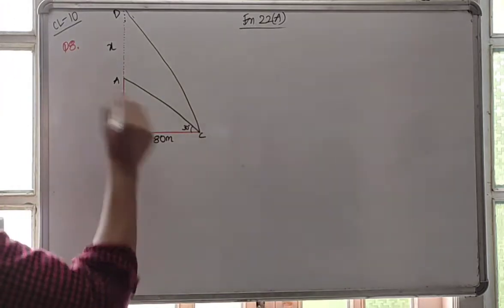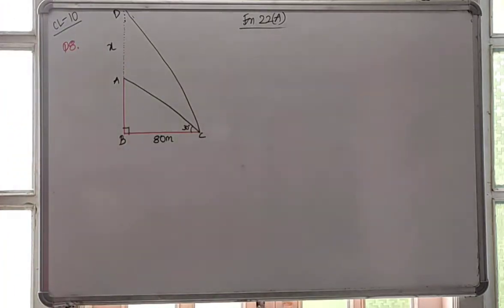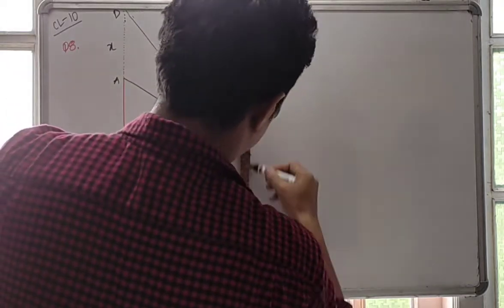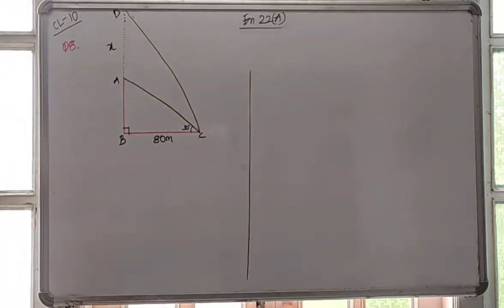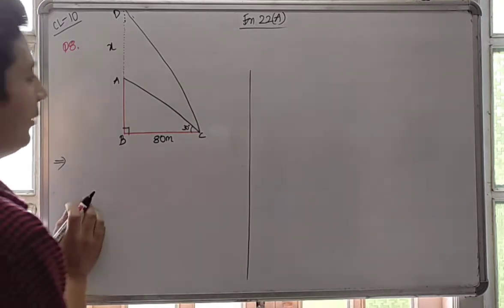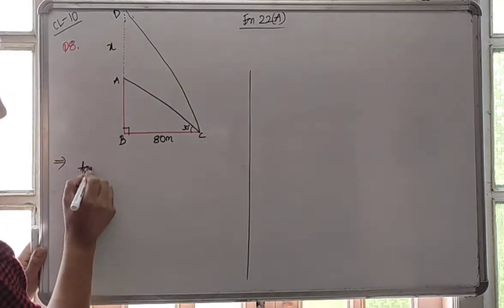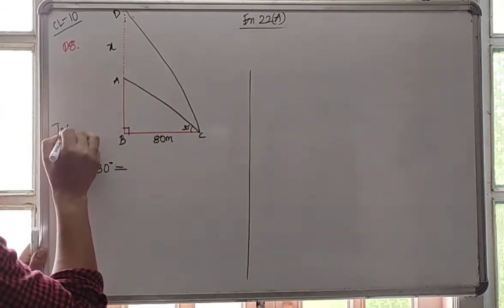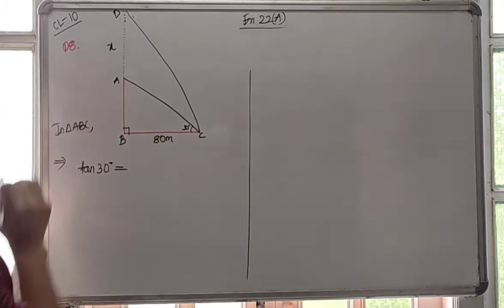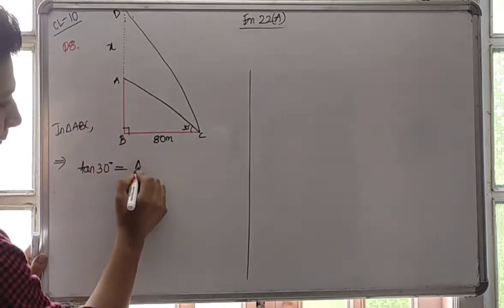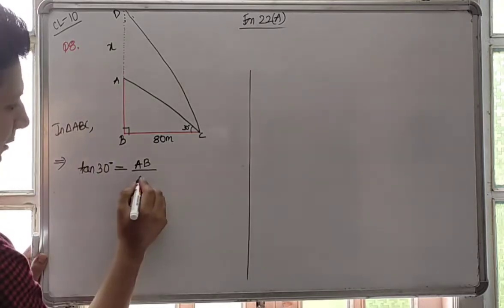First we'll work in a right angle triangle. Which one will I take? I will take right angle triangle ABC. In this right angle triangle ABC, can I use tan 30 degrees? Yes. Tan 30 is perpendicular by base, AB by 80.